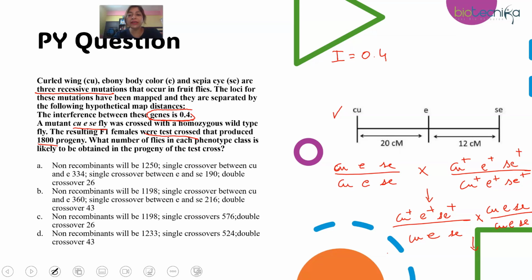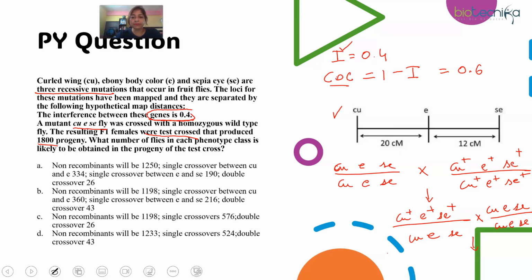So coefficient of coincidence, which I am representing as COC, is equal to 1 minus I. Coefficient of coincidence is a measure that determines how many of the expected double crossovers did happen. Whatever expected double crossovers did not happen, that is because of interference. So from this value we can easily calculate the coefficient of coincidence as 0.6.